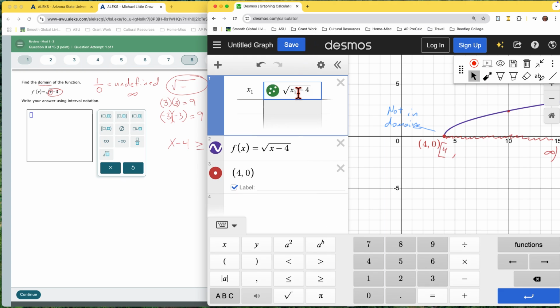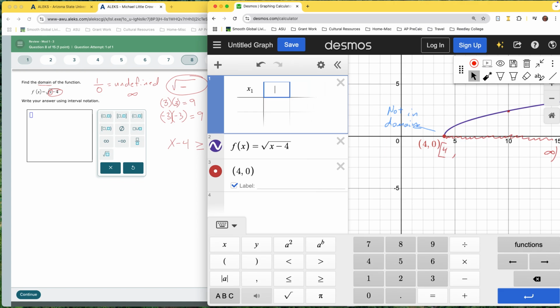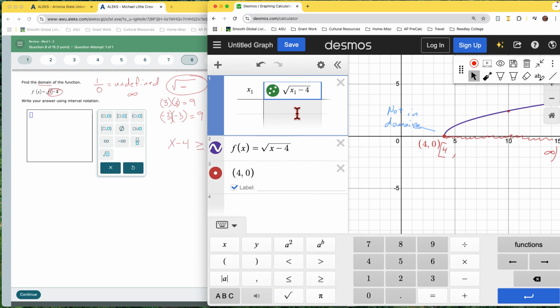Maybe I could put in f of x. Could I just have put in f of x? No, that doesn't work. Okay, just try things: square root of x1 minus 4.